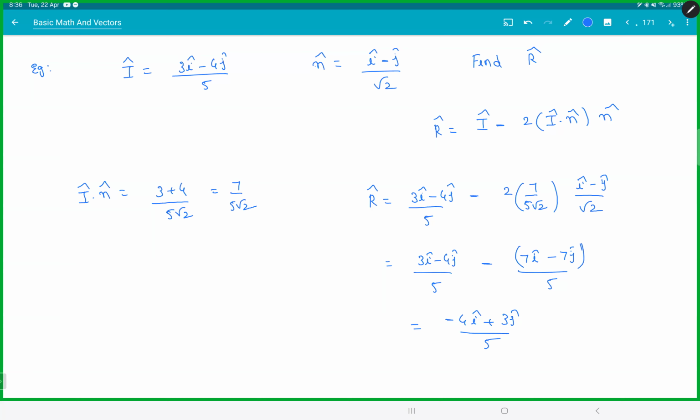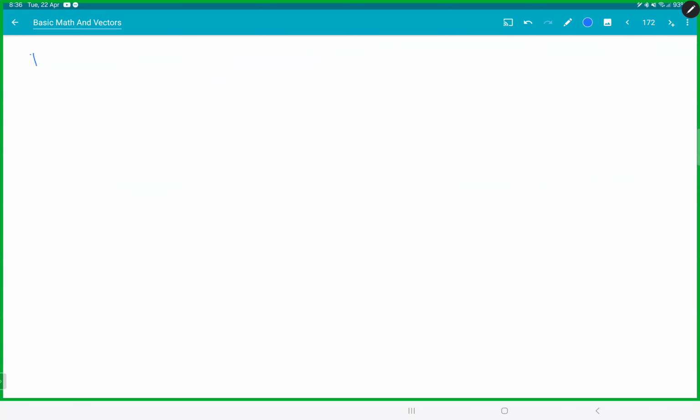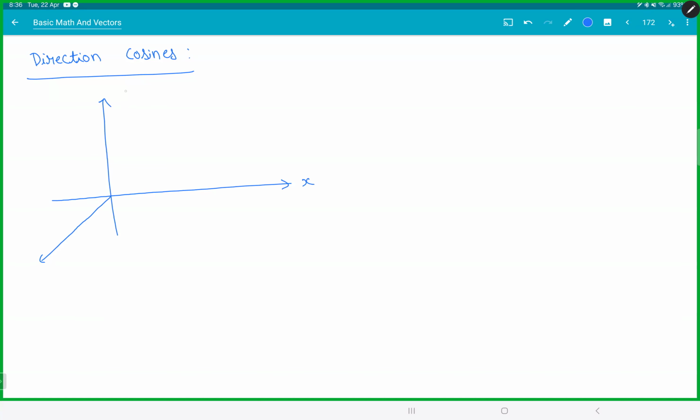Next thing, we have something called direction cosines. So what are these direction cosines? If you take a vector, with x, y, and z axes, and let's say we have a vector a bar.